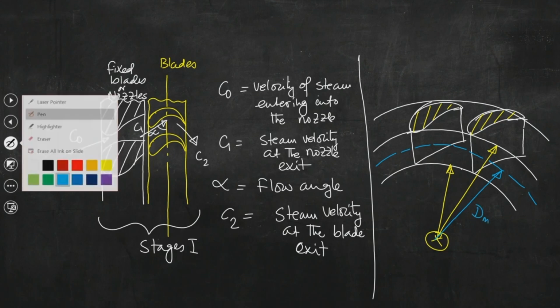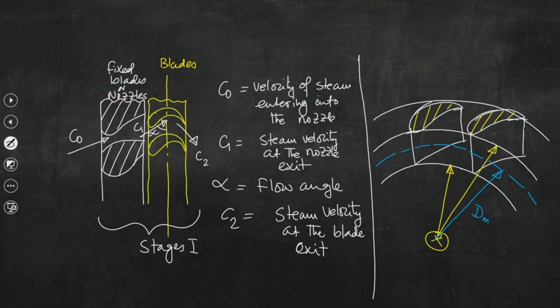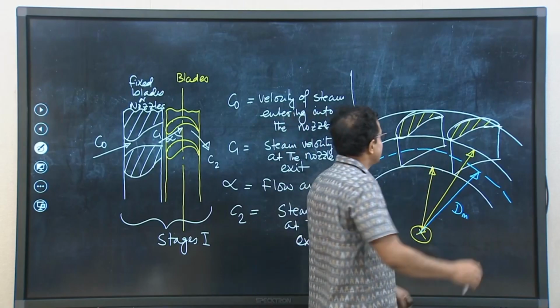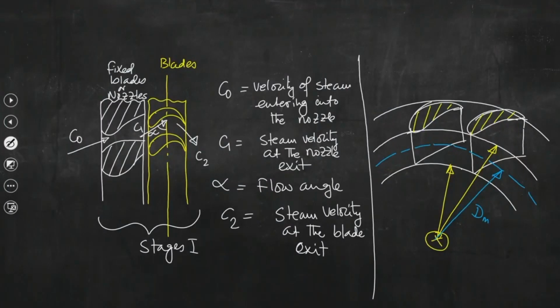So, we have drawn two consecutive blades, and we can see that the steam which is coming from the flow nozzle, say this is the flow nozzle, is entering with a velocity C1, say this is C0, and steam is eventually coming out from the blades with a velocity C2, right.